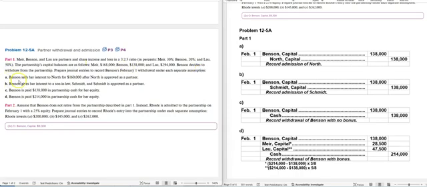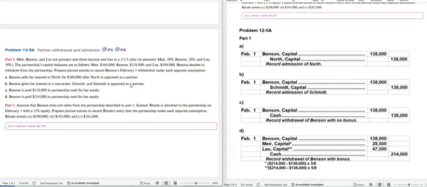In the first assumption, Benson is just going to sell her interest to North for $160,000. North is approved as a partner. So Mayor and Lau have already agreed that, yes, Benson, you're leaving the partnership. We will welcome North as our new partner.